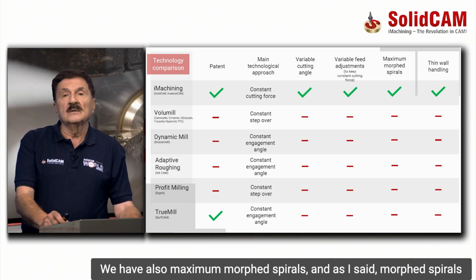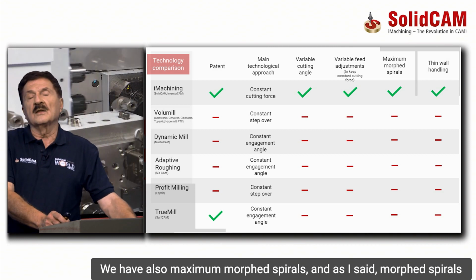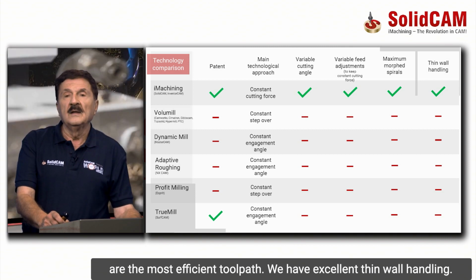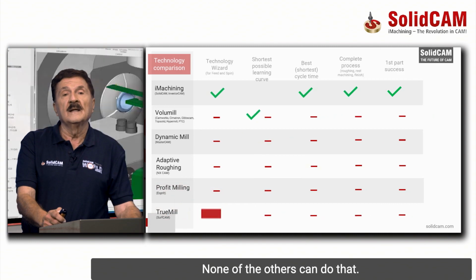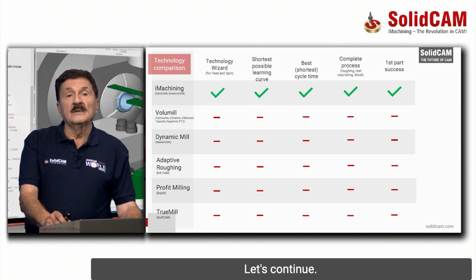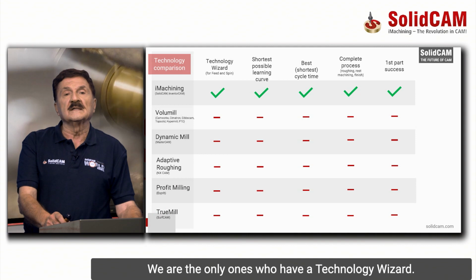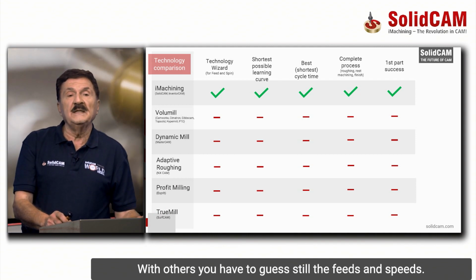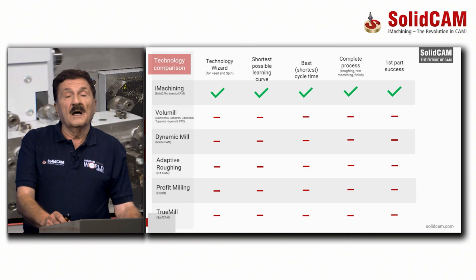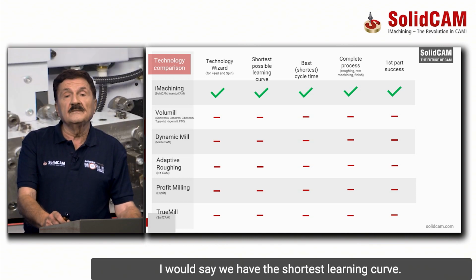We have also maximum morph spirals. And as I said, morph spirals are the most efficient toolpath. We have excellent thin wall handling. None of the others can do that. Let's continue. We are the only ones who have a technology result. With the others, you still have to guess the feeds and speeds. I would say we have the shortest learning curve.